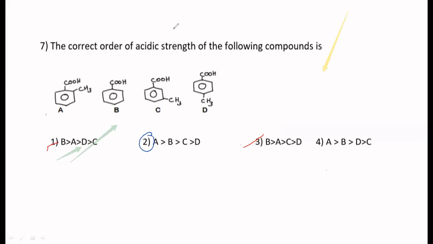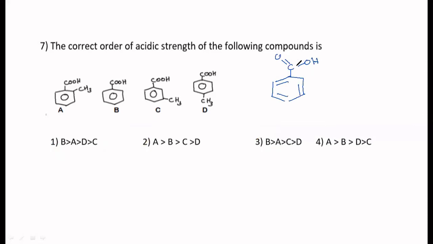Okay. Why? Because it is due to the ortho effect. What exactly is the ortho effect? Try to understand that first. It's a very important concept. So you have got C double bond O, OH. This is a carboxylic acid group.